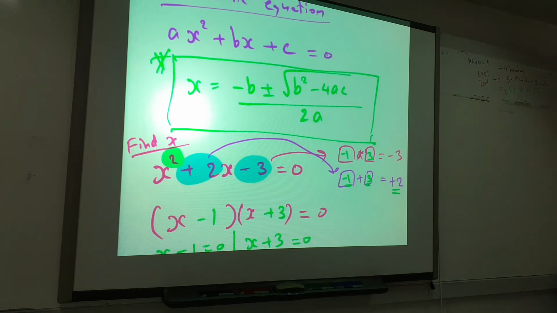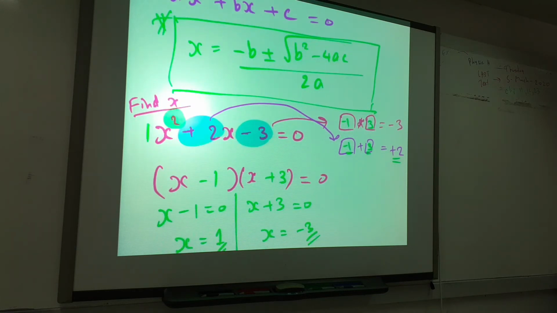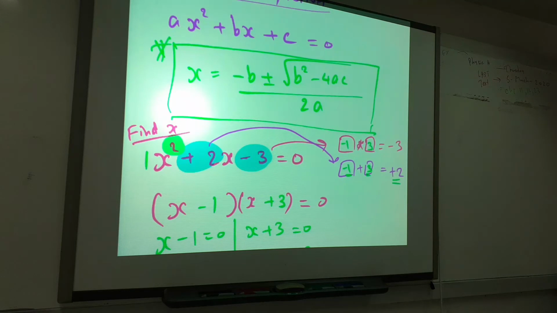Label what's your a: a is 1. b is plus 2, and c is negative 3. Let's put it in the equation and see if we get the same answer.